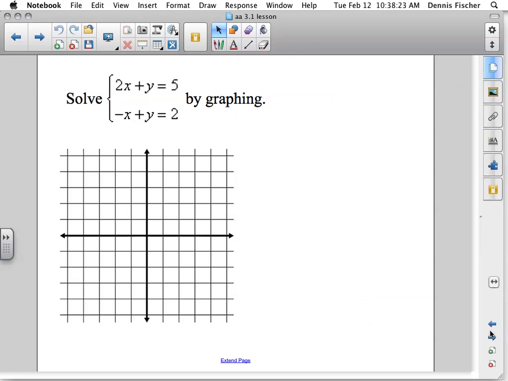Okay, get y by itself on both equations. Let's start with this one. Get y by itself on both equations.